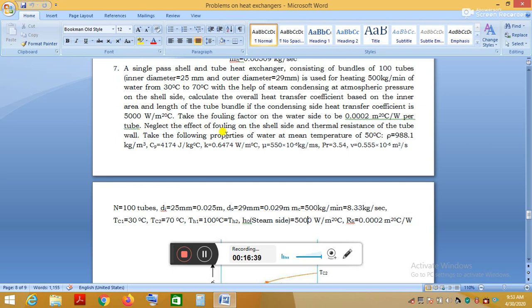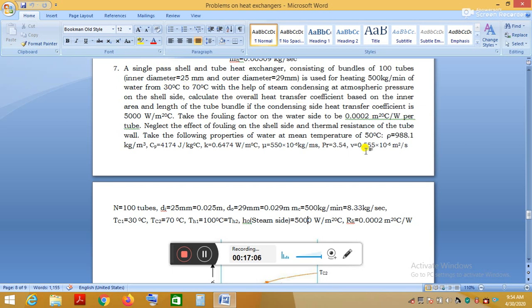And he has given the properties of water at a mean temperature of 50 degrees Celsius. I already said in the last problem, if he has given the properties of fluids, it is okay. If he has not given, take the property values from the data book at average temperature. Here you can see the water enters at 30 degrees Celsius and leaves at 70 degrees Celsius.